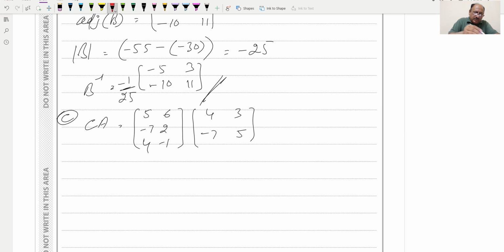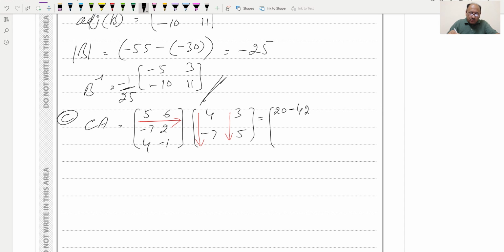Now we need to multiply first row first column, then first row second column. This is how we will be writing. This will be 20 minus 42, this will be our first term.